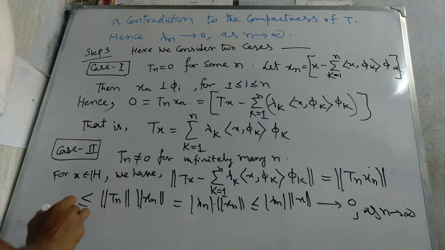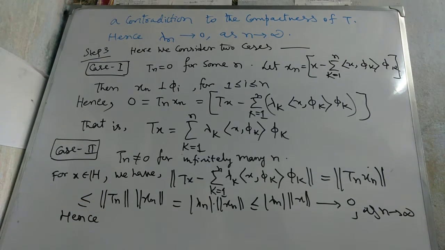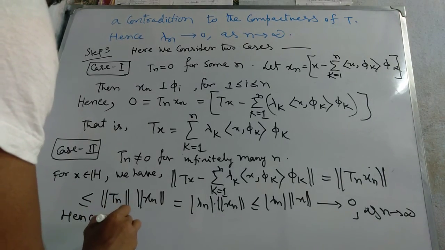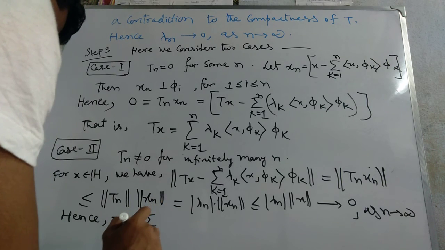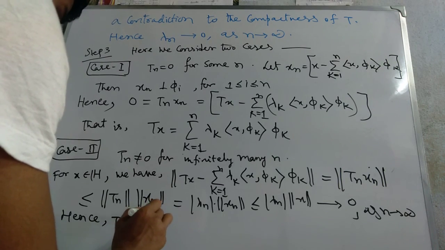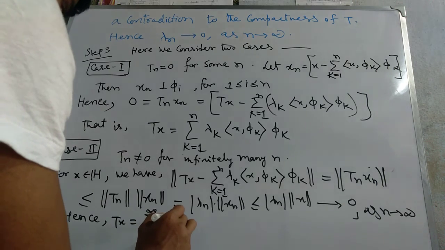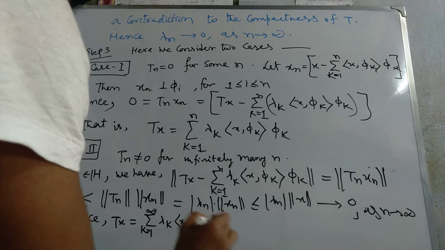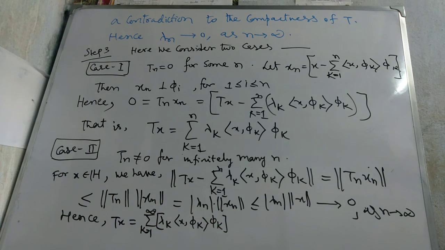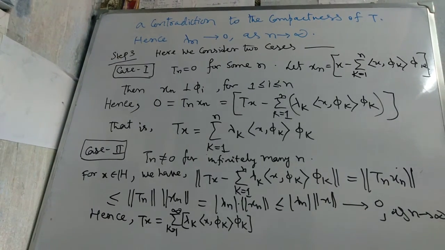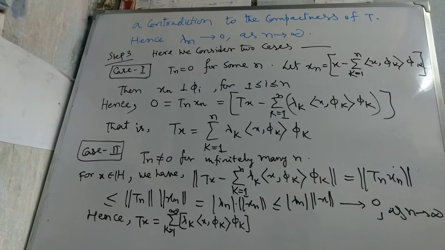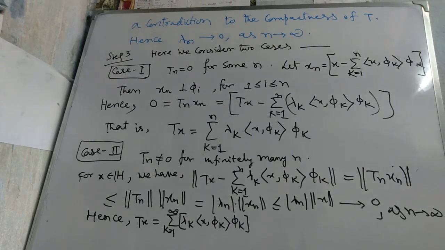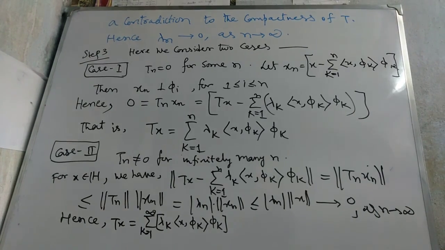Hence we get Tx equal to the summation over k equal to 1 to infinity of lambda k inner product of x with phi k times phi k. So today we stop here, because we also discuss one important theorem, so we stop here.